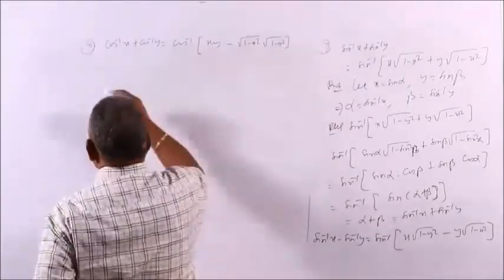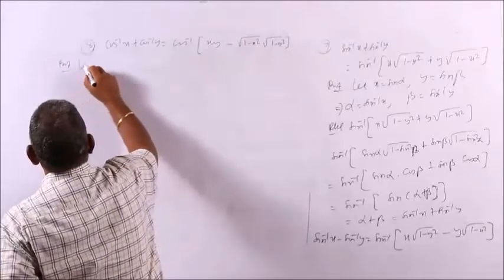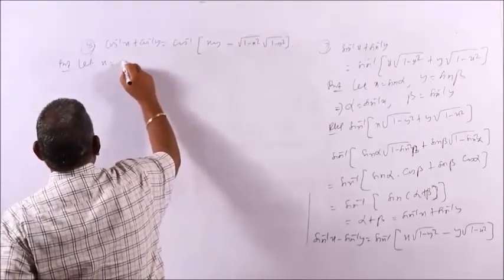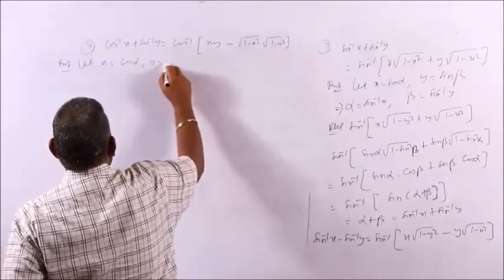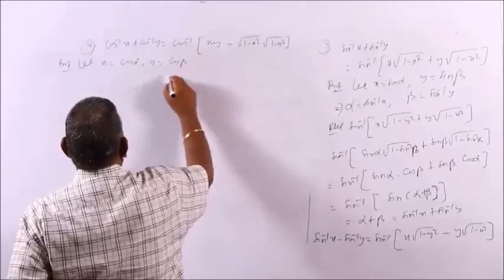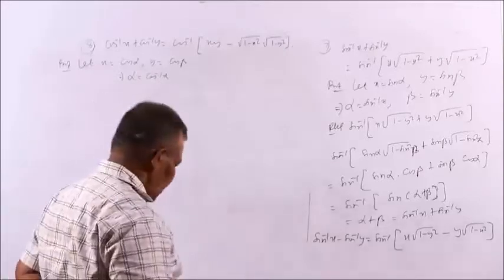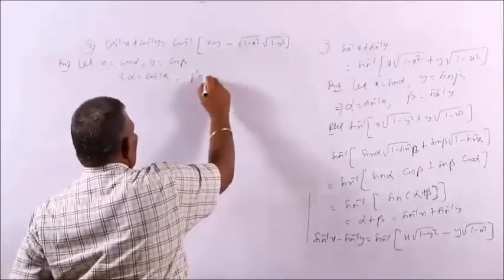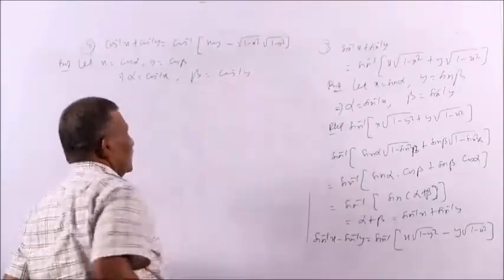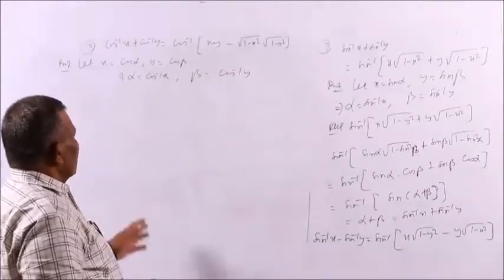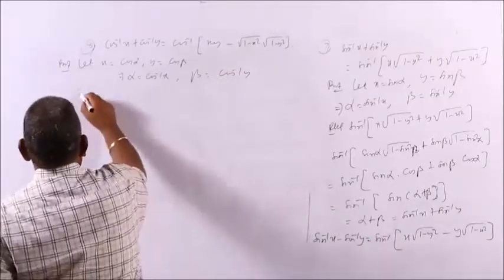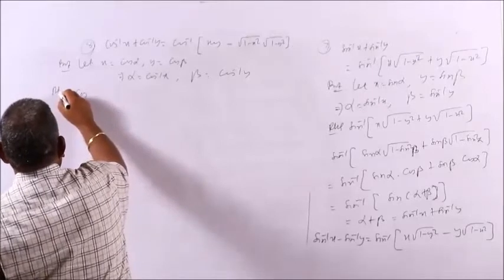For this, let us take x equals cos alpha, y equals cos beta, which implies alpha equals cos inverse x, beta equals cos inverse y. Now we will move from the RHS for our convenience.